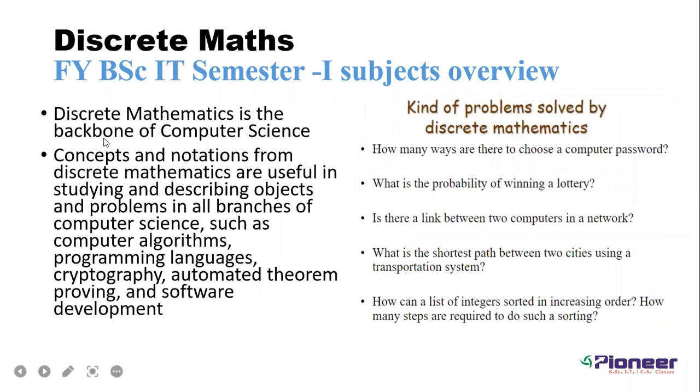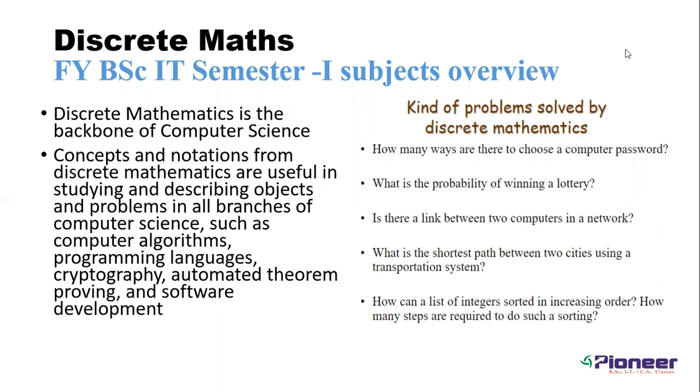Next is discrete mathematics. When I say discrete mathematics, what do you understand? It's of course a mathematics, but discrete mathematics is the backbone of computer science. All the concepts and notations from discrete mathematics are useful in studying and describing objects and problems in all branches of computer science, like algorithms, programming languages, cryptography, automata theory, and many more.